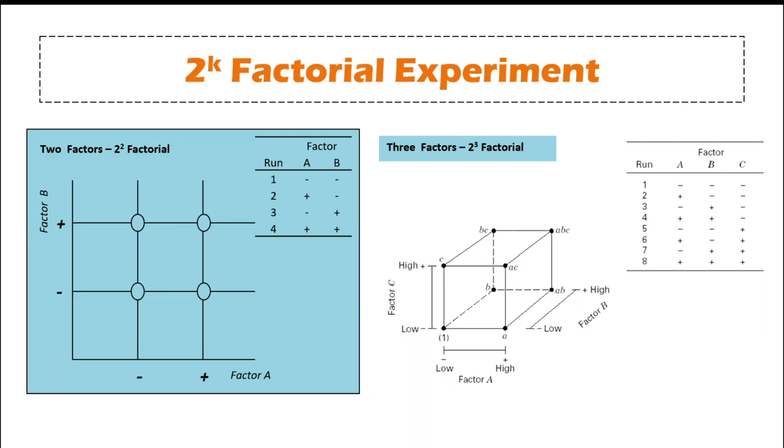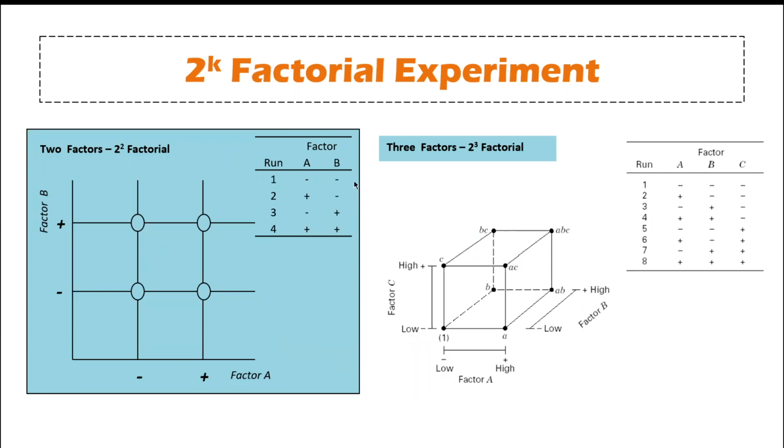So hindi naman necessary na low level ang male tapos high level ang female. So arbitrary lang talaga siya. Okay? So lalo na for cases wherein walang natural order or natural value yung factors natin. So dito you can see na the low level is usually labeled as minus, again arbitrary siya. The high level is labeled as your plus sign.